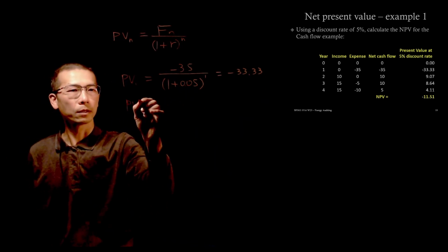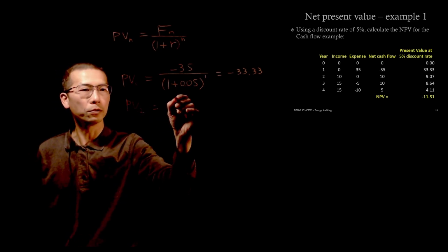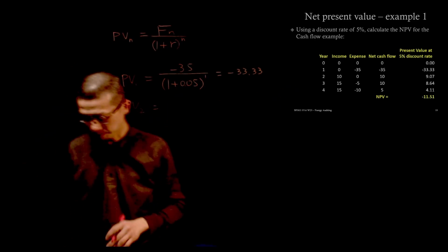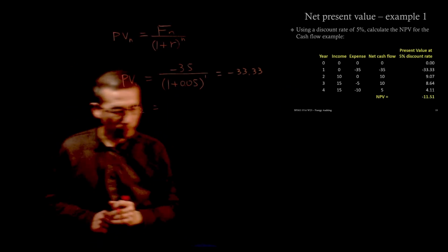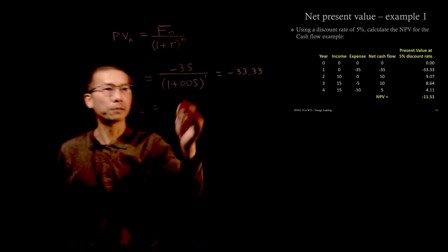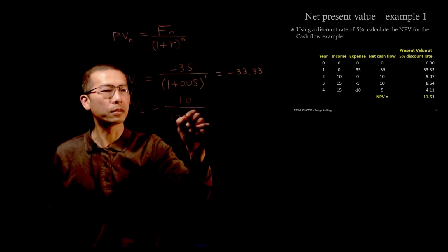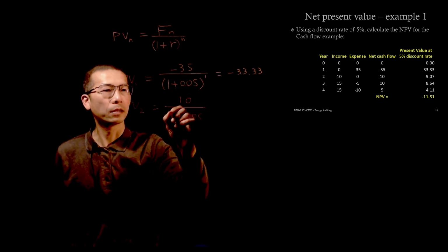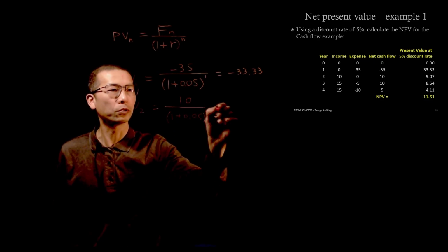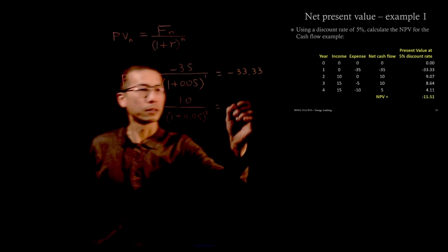PV2 equals, what's PV2? I have 10 units, positive 10, divided by (1 plus 0.05) squared, equal to 9.07.